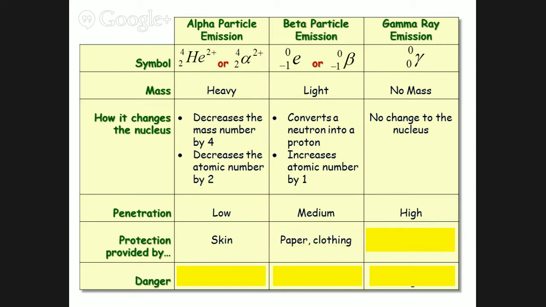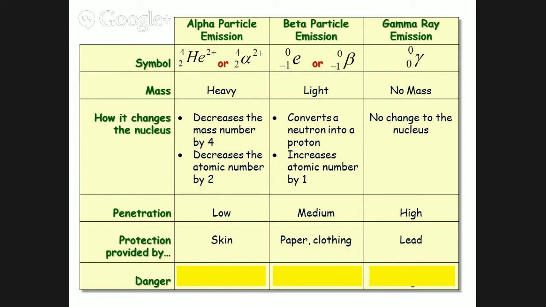Paper, clothing, aluminum foil are more than enough to protect you from beta particle radiation. Gamma, you need basically a lead shield of some kind. Probably remember going to the dentist and wearing that heavy vest. It's lined with lead to protect you.